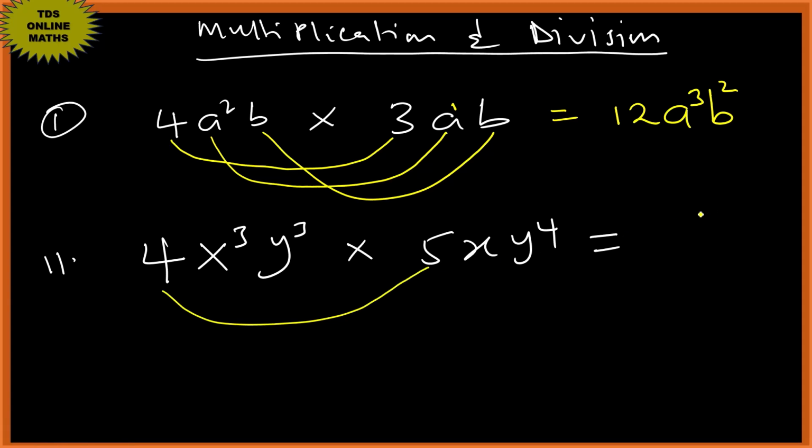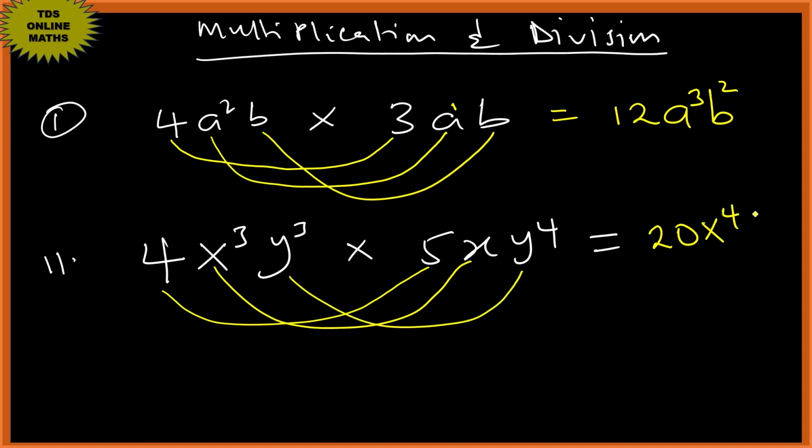So the numbers will multiply, 5 times 4 is 20, x to the power 3 plus 1 is x to the power 4, y to the power 4 plus 3 is y to the power 7. So that's the answer.